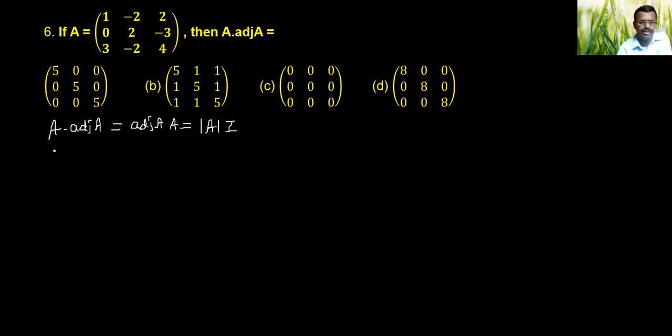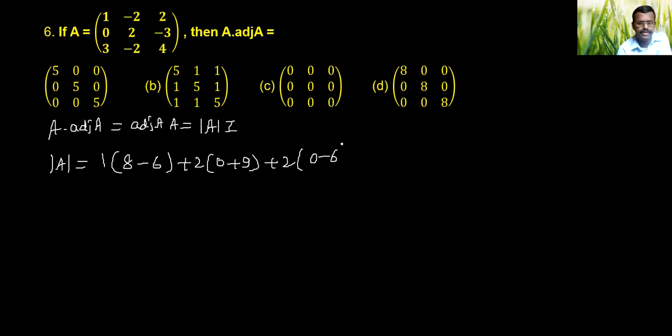That means first I have to find the determinant of A. So 1 into 4 2s are 8 minus 2 into minus 3 is minus 6, sorry, plus 6, that becomes minus 6. Then minus and minus plus, 2 into 0 minus and minus plus 9 plus 2 into 0 minus 6. So 8 minus 6 is 2, 4 2s are 18 minus 12. So we get 8. So the determinant of A is 8.